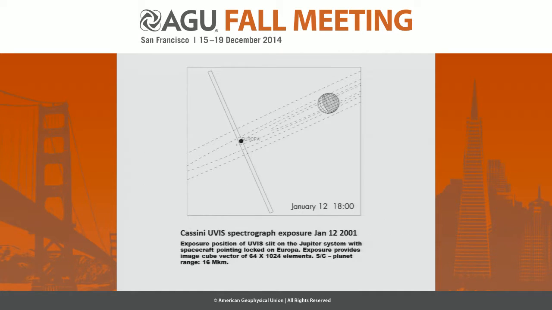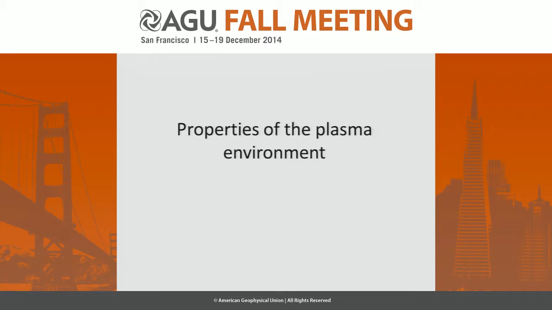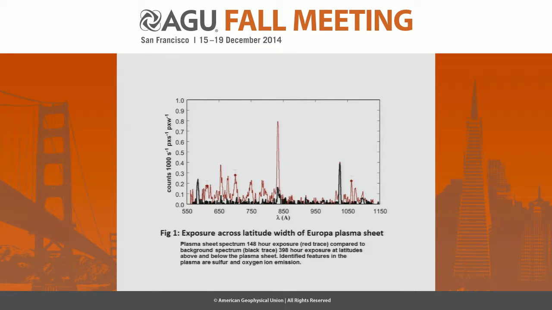So this is the viewing geometry. The plasma sheet is about 3 RJ across, and so we integrate along here with the slit pixels, and out here gives us a background. So this is the spectrum, 148 hours of exposure. Everything in here is sulfur and oxygen ions.